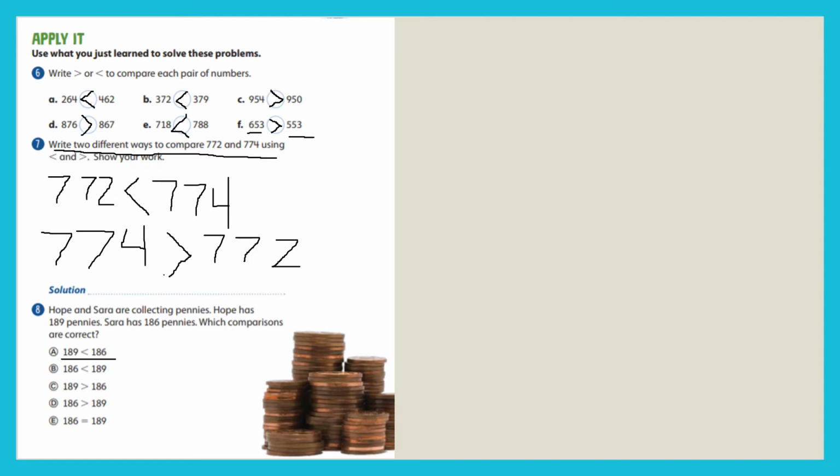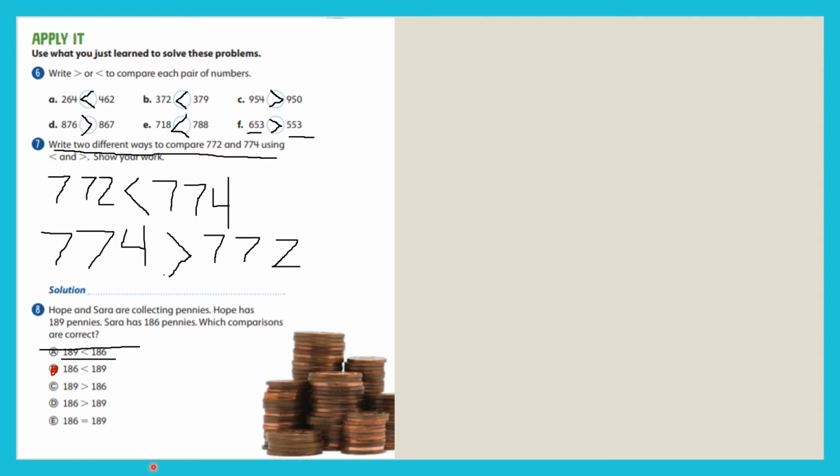It's open to the 186. 6 is less than 9, so this is not a correct answer. Let's look at the next one. 186 is less than 189. Well, the alligator mouth is open to the 189, which is greater than 186, because 9 ones is greater than 6 ones, so that one is correct. So I'm going to mark that one correct.